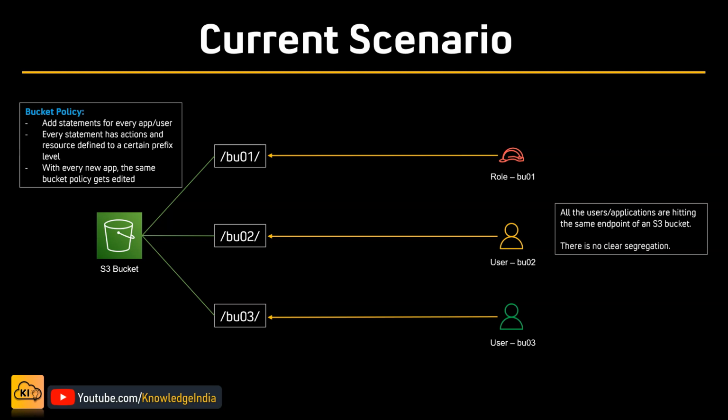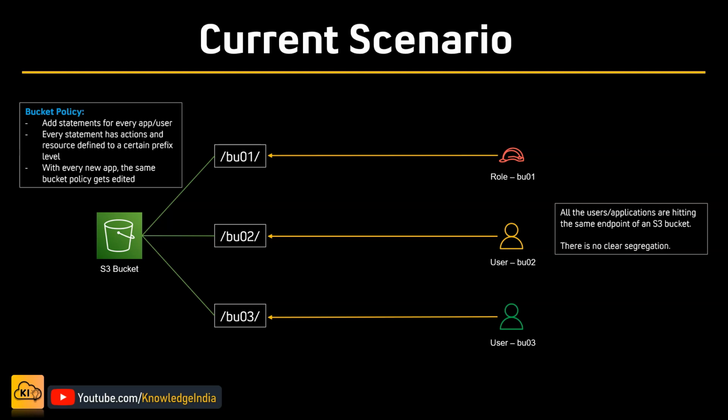So you may go ahead and, let's say, write the ARN of the bucket and then say /bu01/* and so on, right? You are doing this to restrict the role from BU01 to be able to access the files or data which is there inside BU01 folder. So that way you go ahead and do, right? But with more and more business units coming up or new requirements coming up, your single bucket policy becomes quite heavy and it becomes difficult to manage. Have you seen that scenario or not?